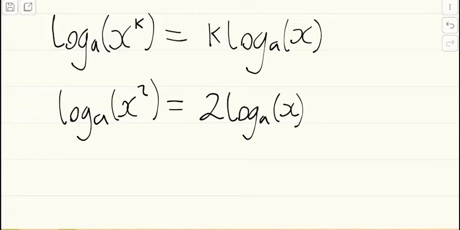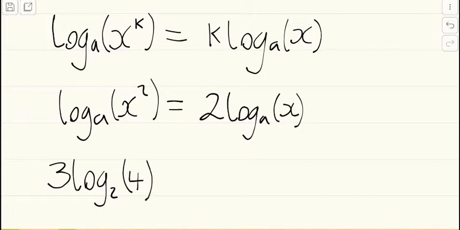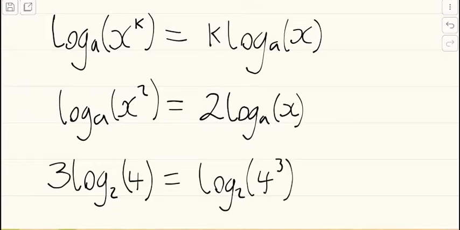And let's look at another one that goes the other way round. So like this. Suppose you had 3 log to the base 2 of 4. That would be the same as log to the base 2 of 4 to the power of 3.